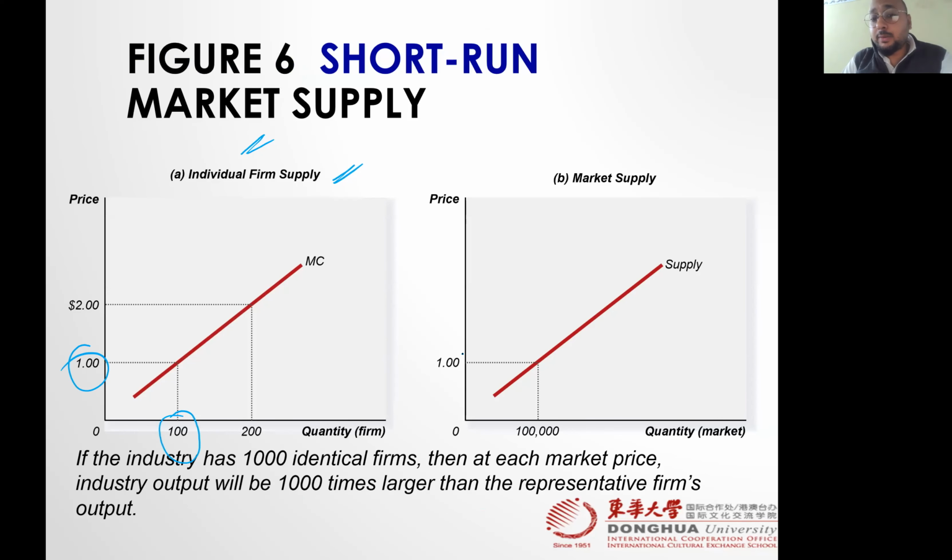But in the market, when the price is 1, all the other firms combined, 1, 2, 3, 4, 5, 6, 7, 8, 9, 10, and so on, are supplying 100,000 units. So if you compare, market supply is 1,000 times larger than the individual supply curve. That is how we get this amount, by adding all the firms in the competitive market.